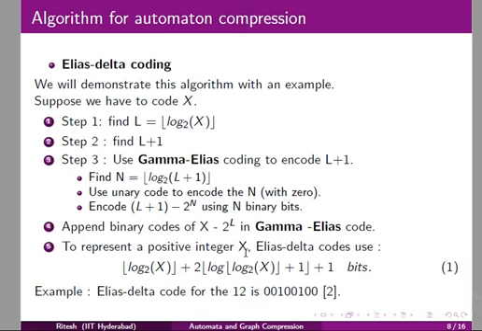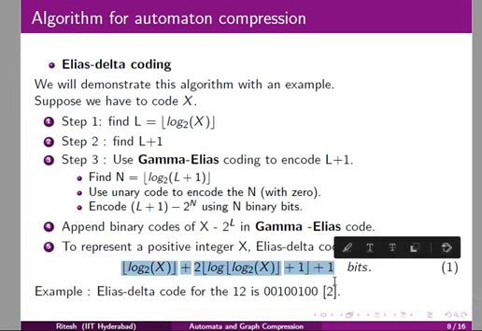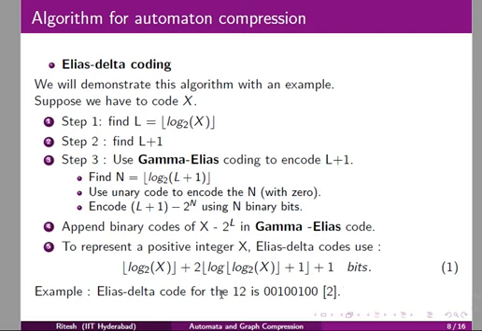To represent this positive integer x in Elias delta coding, we use this many bits. So the Elias delta code for 12 is 0 0 1 0 0 1 0 0. This is the unary code 0 0 1, then the representation of 0 with the help of 2 bits, 0 0, and then we append 4 in its binary version, 1 0 0.